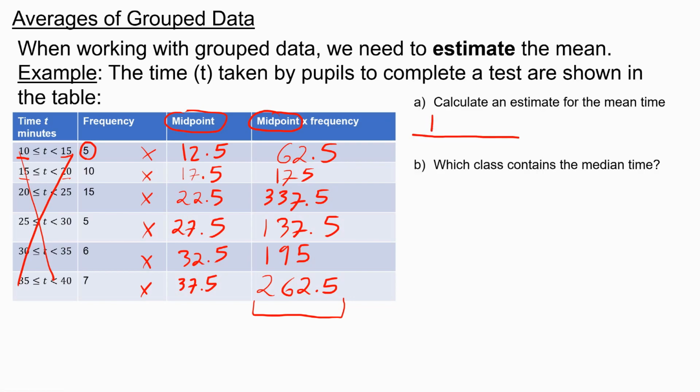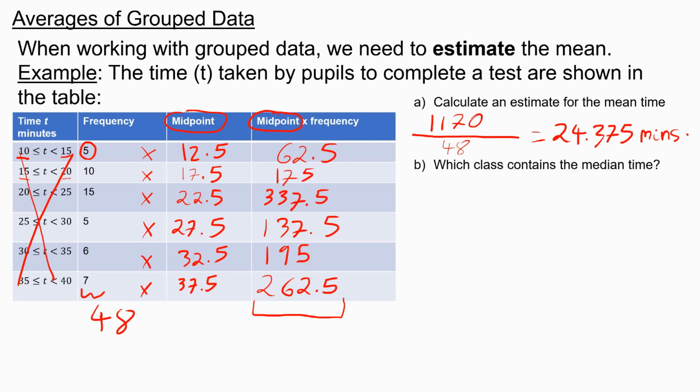So I need to do 1,170 divided by the total frequency, which is 5, 10, 15, 25, 40, 6 and 7 is 48. So that's how many pupils were measured. So I need to do 1,170 divided by 48. If I do that, I get 24.375, and the units are minutes.